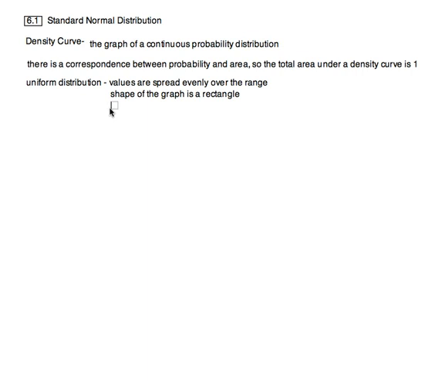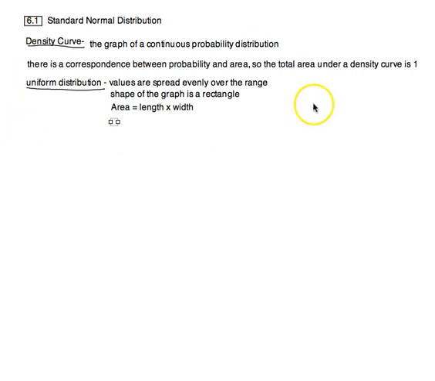So we know that in a rectangle, the area equals the length times the width. And so when we're looking for specified probabilities, we actually just use that rectangle area formula. I'm going to underline these since these are the definitions that we have.